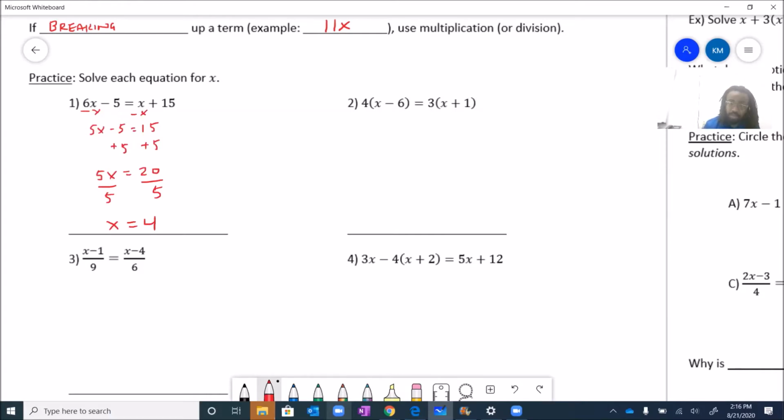Number 2, I'm going to distribute this 4 to both terms here. I'm going to distribute the 3 to both terms here. Okay, so when I do that, I'm left with 4x minus 24 equals 3x plus 3.